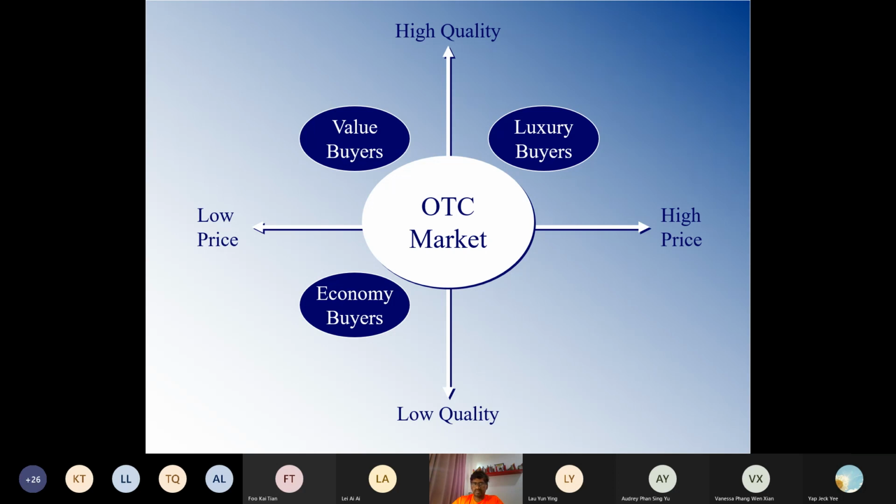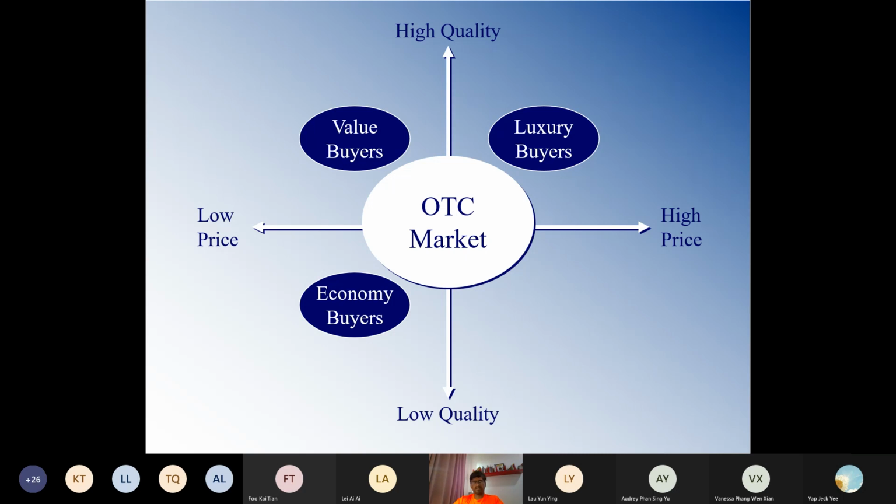The next group is the economy buyer. This is a person with overall authority in the buying decision. Economy buyers will say no when other people say yes, and yes when other people say no. They will always have the opposite opinion and will not trust the other population.